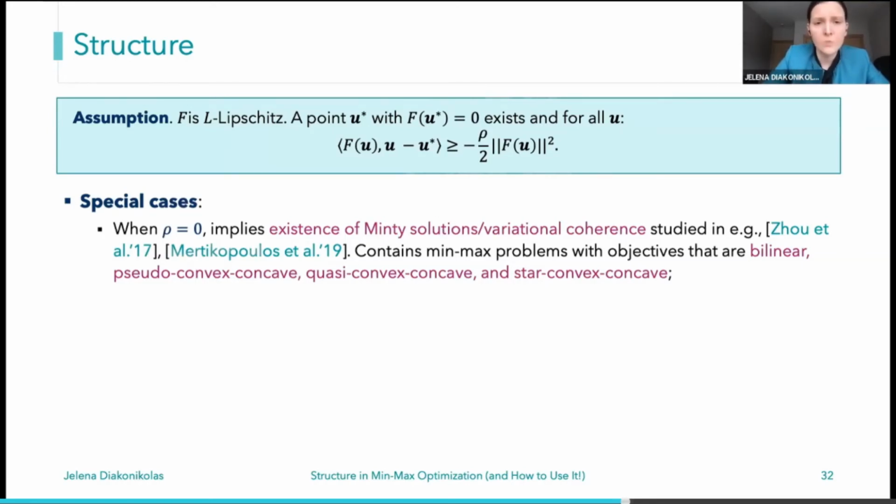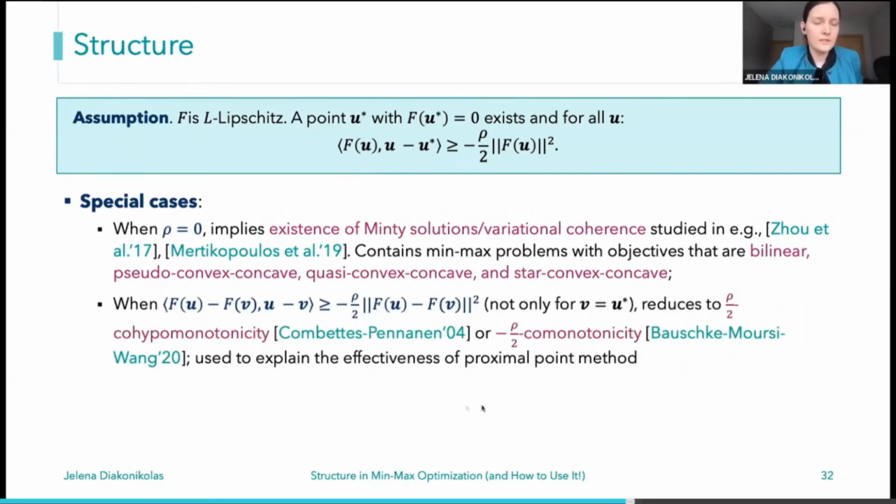This is something that was already studied in the literature. This setup contains things like when the objective function is pseudo-convex concave, quasi-convex concave, star-convex concave, all these generalized convexity setups. Another special case that was studied is known as the co-monotone or co-hypomonotone setup.